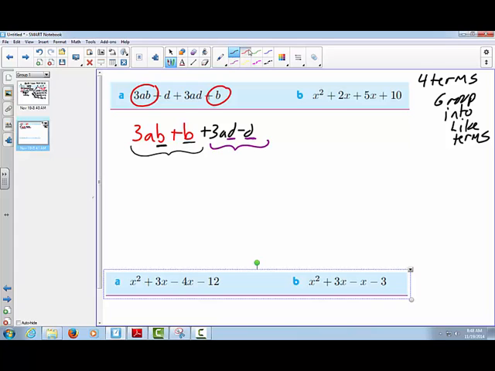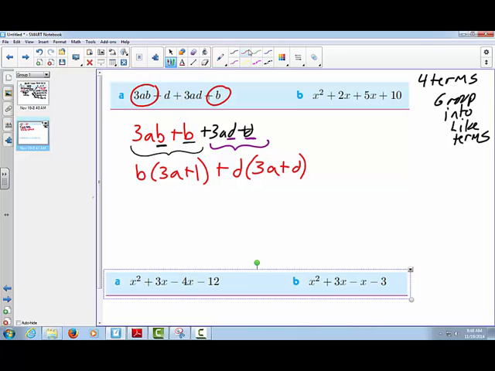Going back to factoring the first 2, we're going to take out the b, and it leaves me with 3a plus 1. Plus, remove the d, and it leaves me with 3a, and I'm going to make that plus b. I made a typo, that was supposed to be a plus.